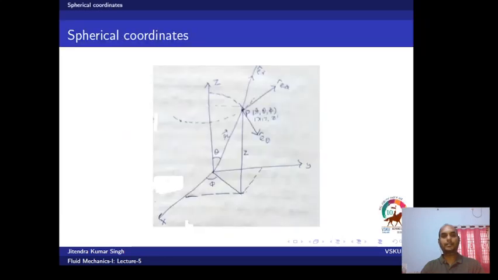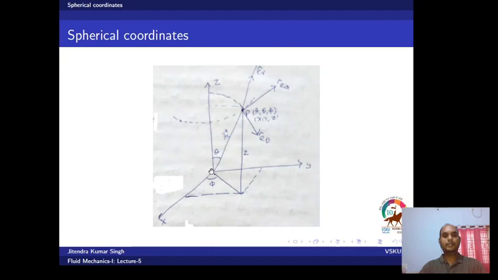So let us start. Suppose P is a point in space. Its Cartesian coordinates are x, y, z. Suppose the spherical coordinates of point P are r, theta and phi.